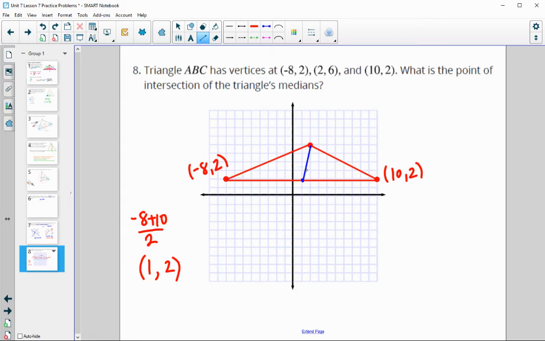However, this segment doesn't seem to have any other integer points on it. So that's still not going to allow us to just count it. So what we're going to want to do here is take this segment. So this is the point 2, 6, and this is the point 1, 2. And we're going to want to split this segment in a 2-to-1 ratio.